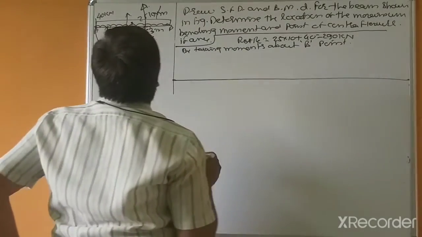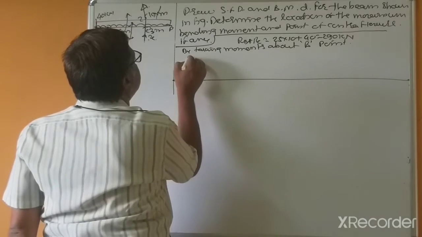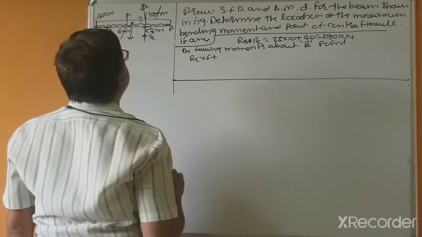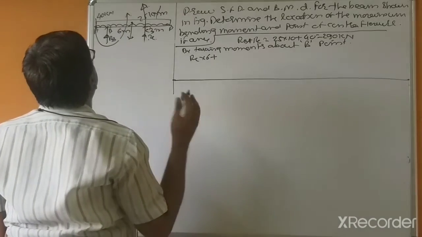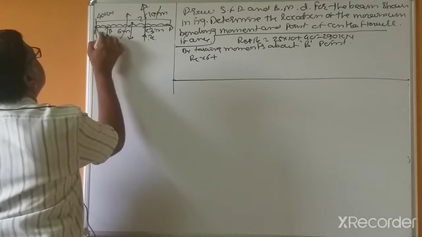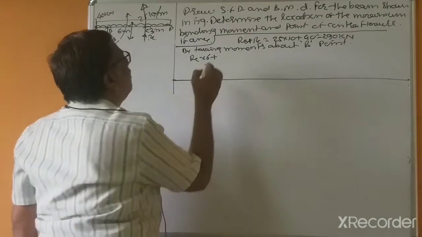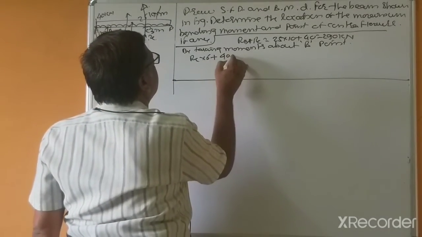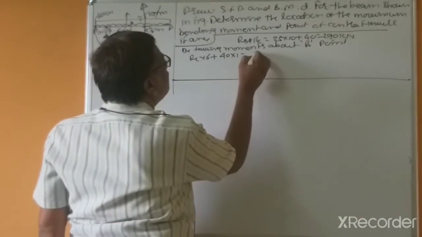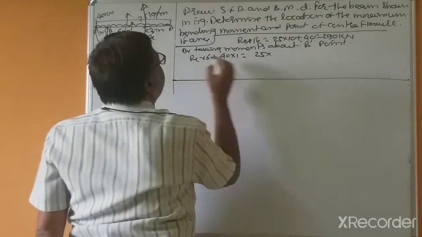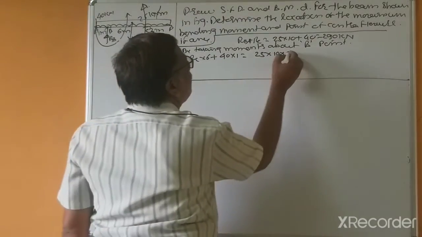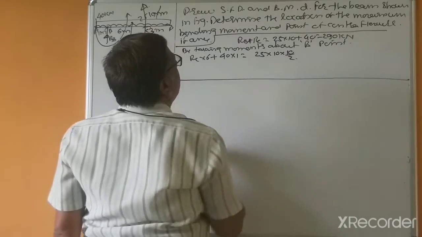So we can write RC into 6 plus anti-clockwise moments by taking the left hand side 40 kilonewton, and this distance 1 meter, multiplied by 40 into 1, equal to uniform distributed load 25 kilonewton, distance 10 meter and half of its distance. So that's why divided by 2.